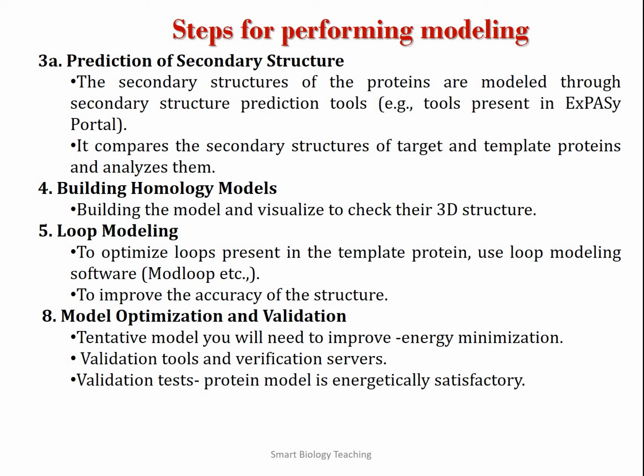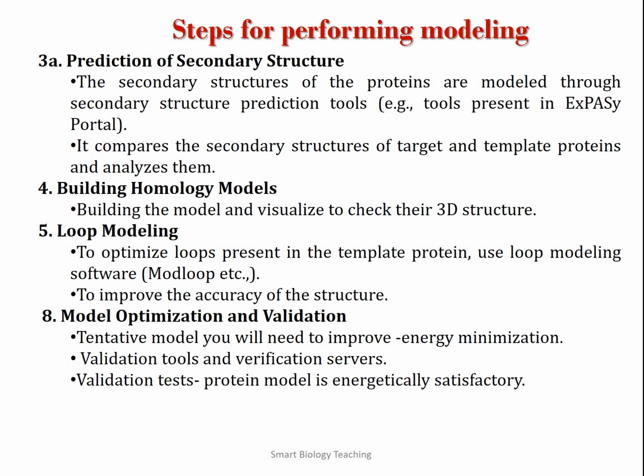The identical regions will generate the backbone, but where you have variations between the template and the target, the sequence identity percentage is missing in those regions and will generate a loop. This loop may have some variations which can bring interference when you go for the next level, say, a drug discovery study. In that case it can bring you some difficulty, so you are supposed to optimize your loops.